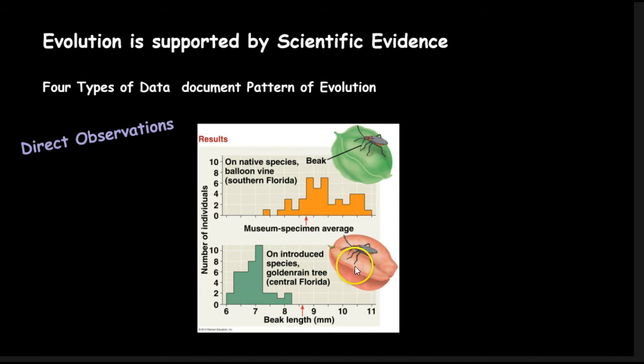Now its fruit has flat lobes on it, so the seeds are very close to the surface. So the soapberry bug with the short beak is able to feed off of those seeds. So in central Florida, the soapberry bugs with the short beaks are very prominent compared to southern Florida, where they're not able to feed off of the balloon vine fruit.